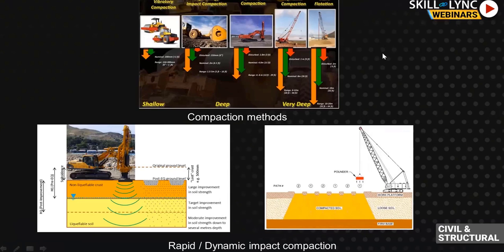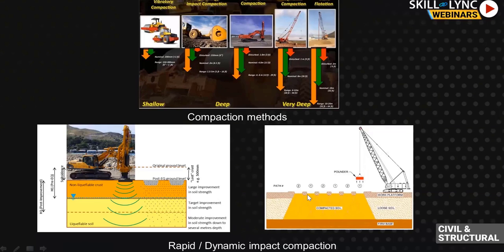If you want your ground to be improved by 5 meters or 10 meters, then compaction is one more method. What compaction does is drop a weight on the ground. When you drop your weight on the ground, what will happen? The loose strata will become denser. Just dropping your weight on the ground.